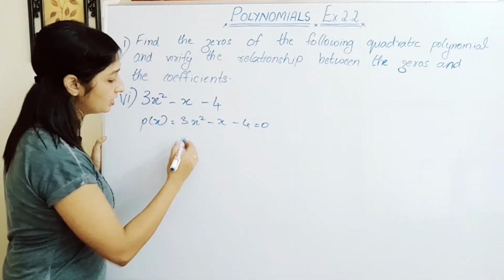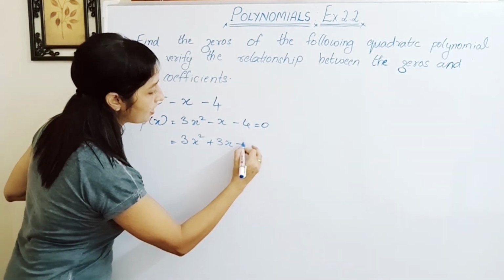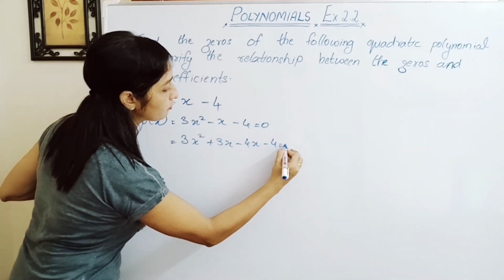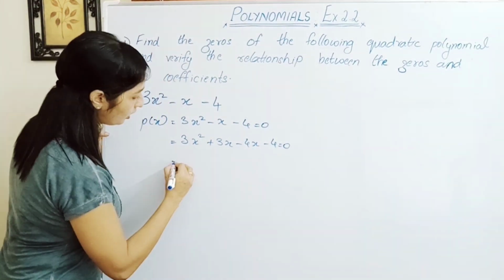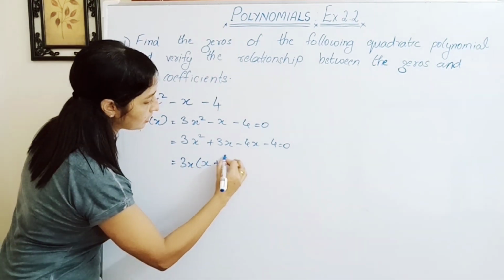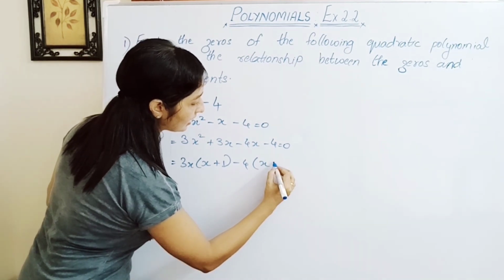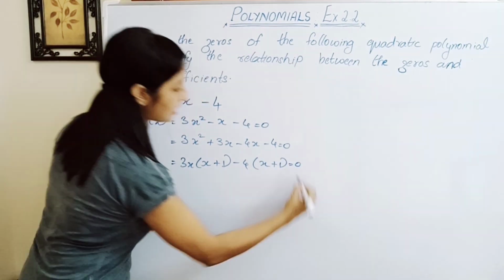Now we split the middle term. So you get 3x square plus 3x minus 4x minus 4 equals 0. Now taking 3x common here, you get 3x into (x plus 1), minus 4 common, you get (x plus 1) inside here.